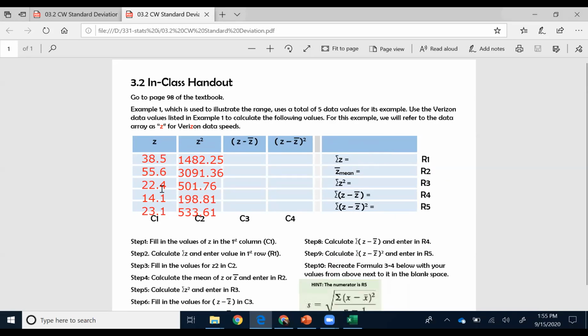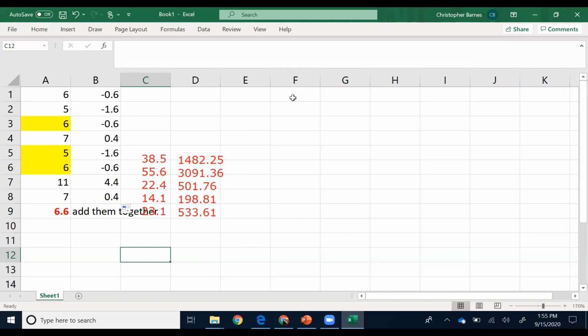This is so annoying. Okay, out of here, and then go to Excel. It showed up.